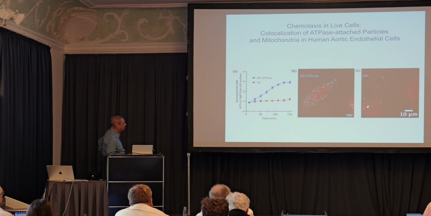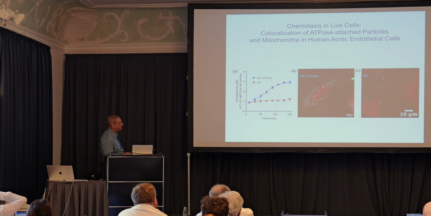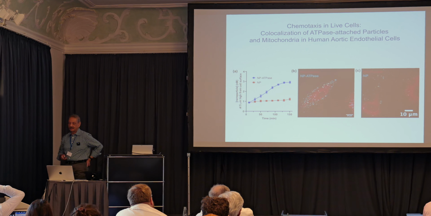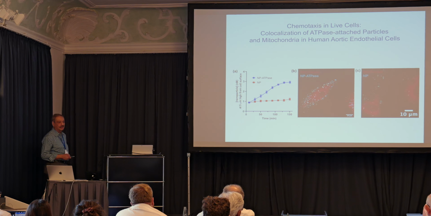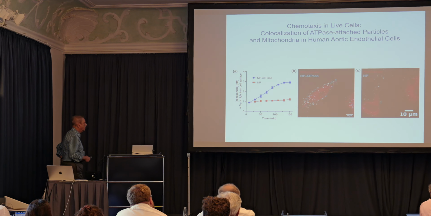The red is the mitochondria, it looks blue here, but anyway, these white-blue dots are these particles. And you can see that when you don't have ATPase attached to the particles, some of them are taken up, but they're not particularly localized. These are. This is a mitochondria, and it's localized around that. So it happens inside cells.